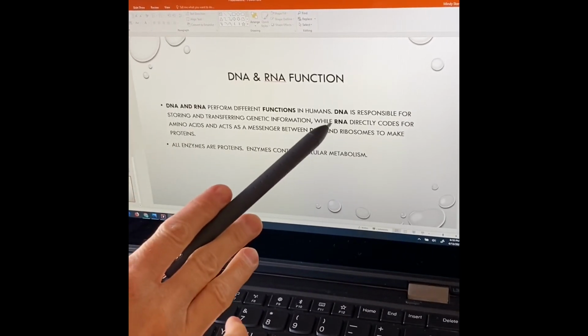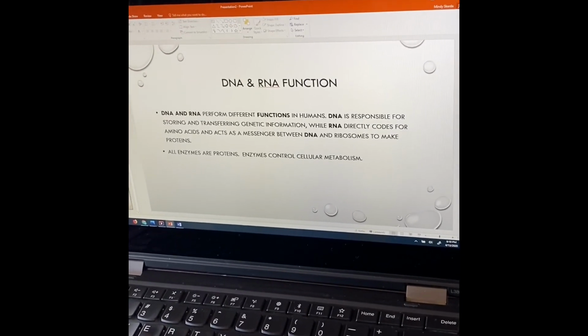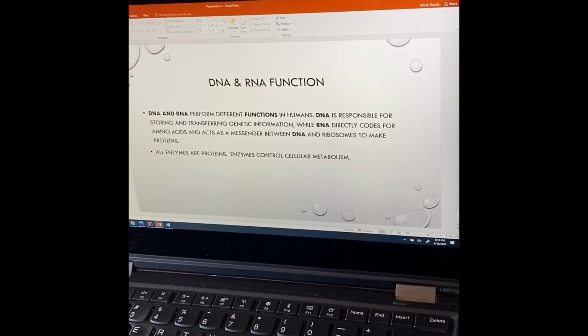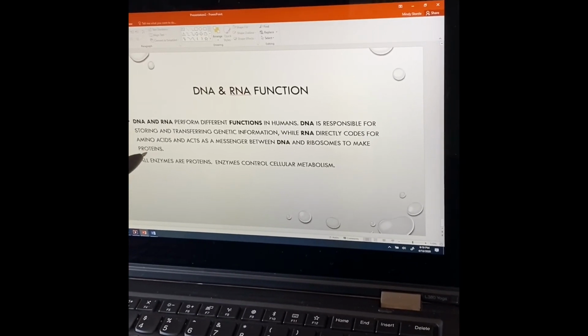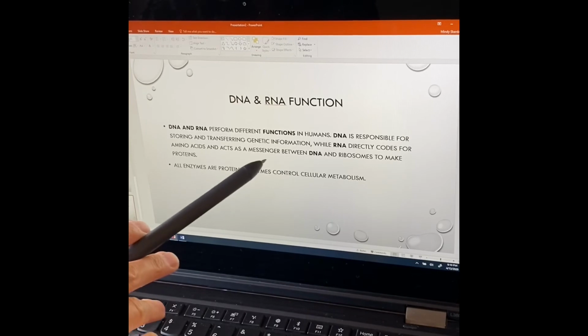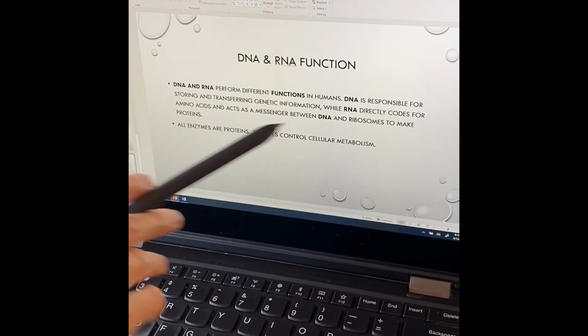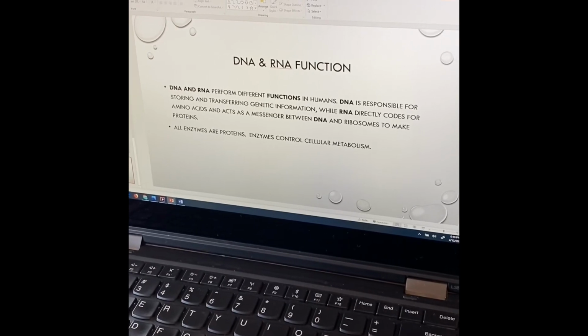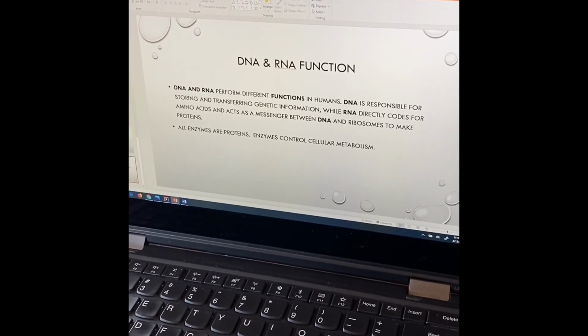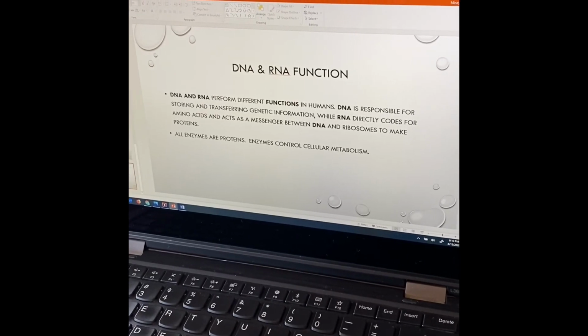The RNA molecule is smaller, only thousands of bases in size, and it codes for these amino acids or these proteins by acting as a messenger between DNA and the ribosome to make proteins. So it's the runner. It carries the information from one place to the other, translating it into the protein. So those are the functions of DNA and RNA.